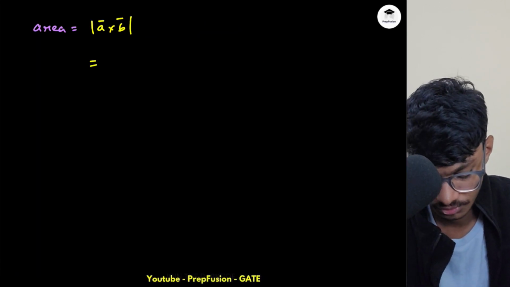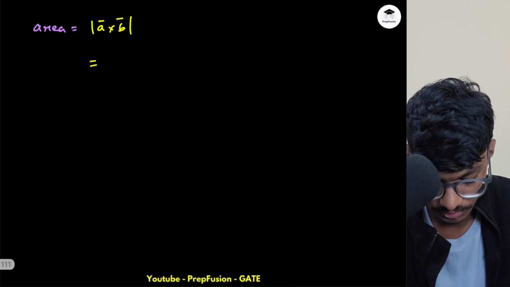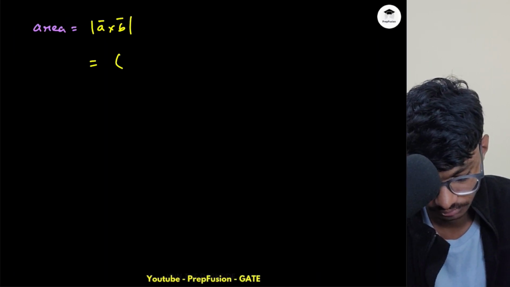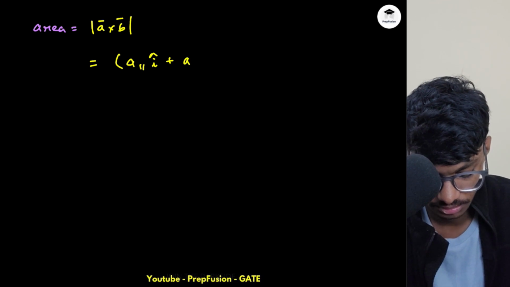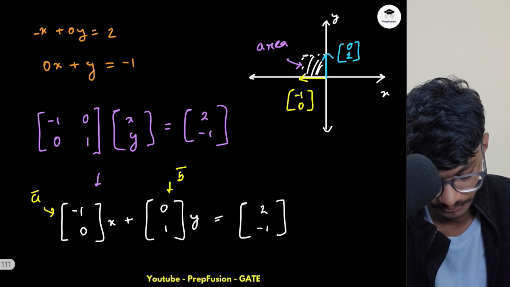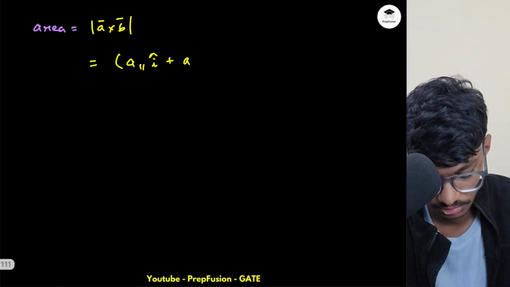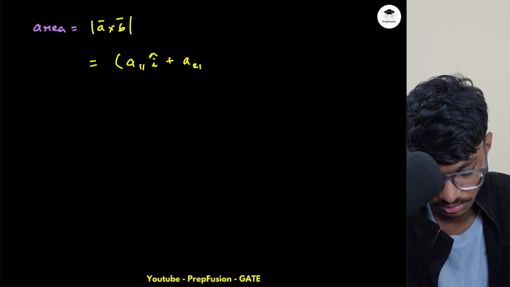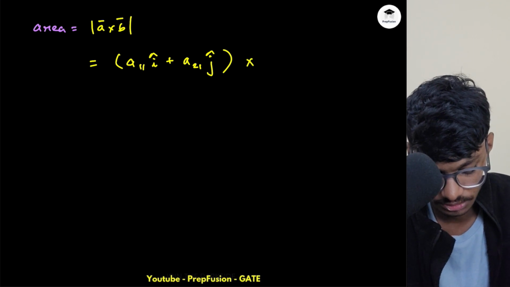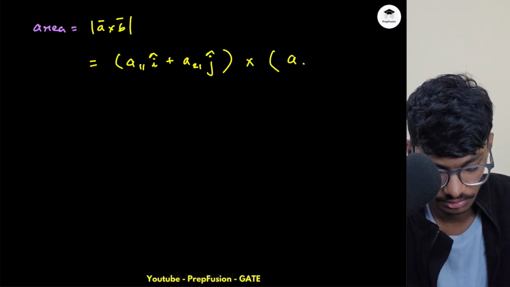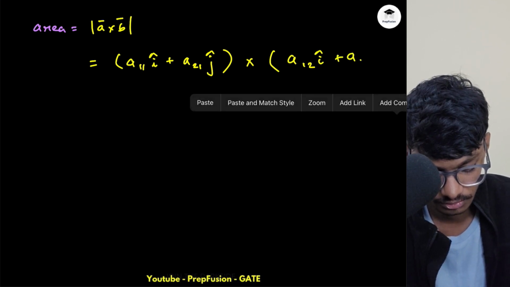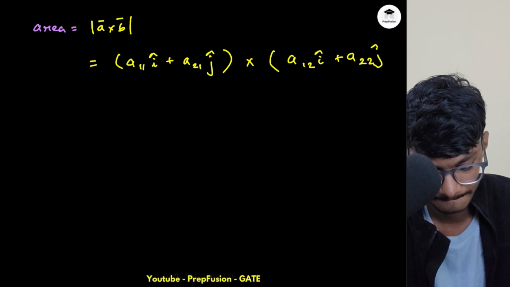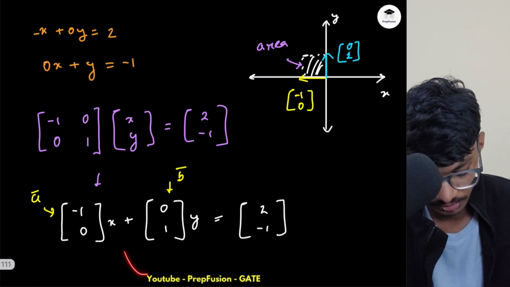So this will be A11 I plus A21 J cap, cross A12 I plus A22 J. So basically this is the B vector and this is the A vector.